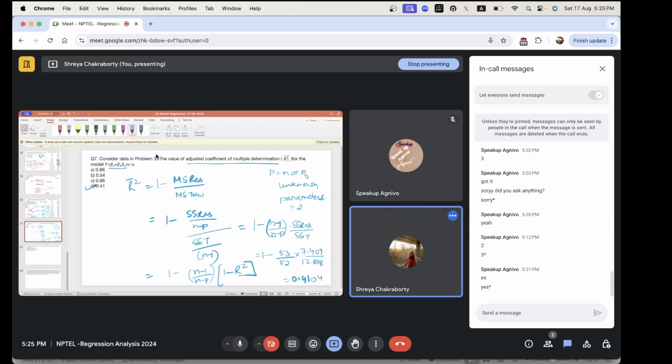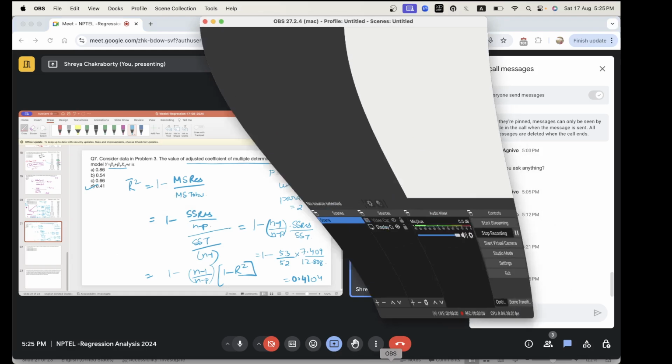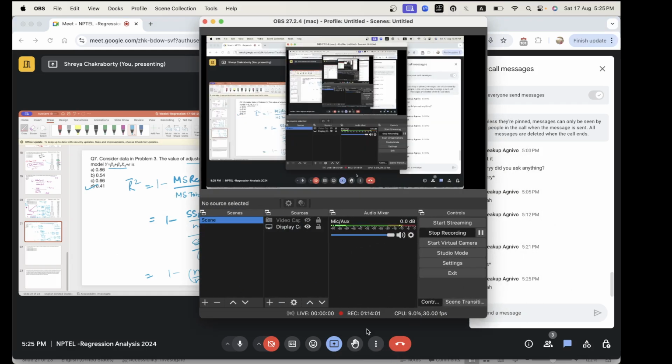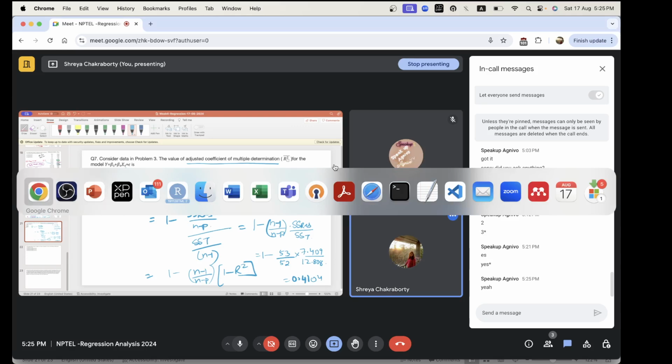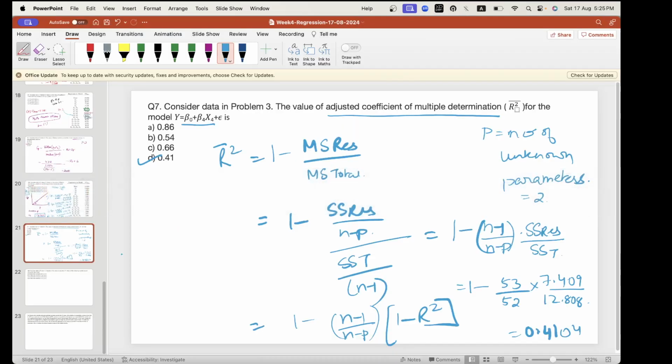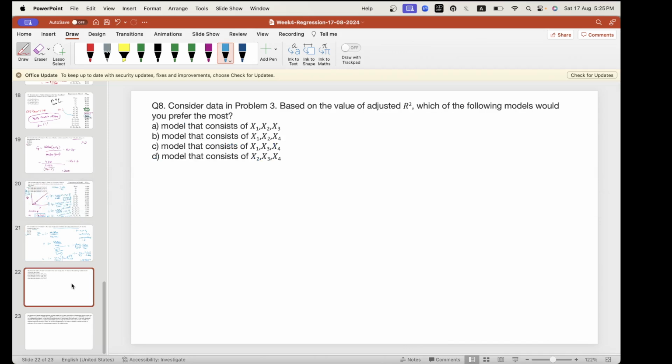Fine. Again, they are saying based on the value of adjusted R square, which of the following would you prefer the most?